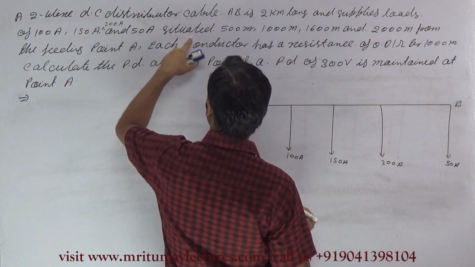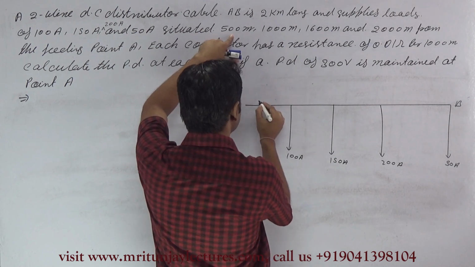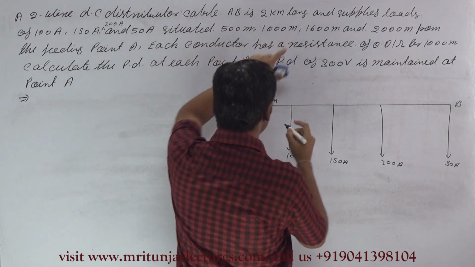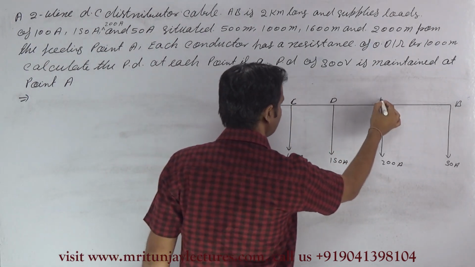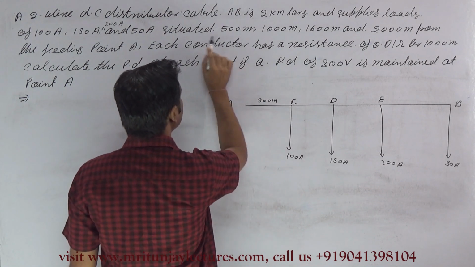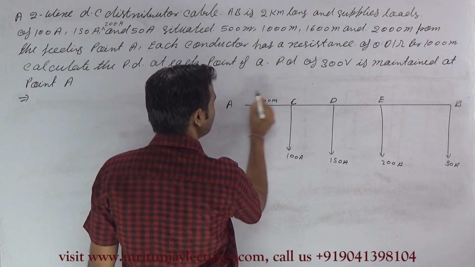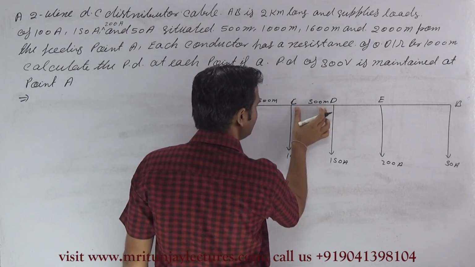Okay, situated at 500 meter, that is 500 meter, and that is 1000, that is C point, that is D, and that is E. Okay, 500 from here to here, after that 1000, so this one is also 500 in between.